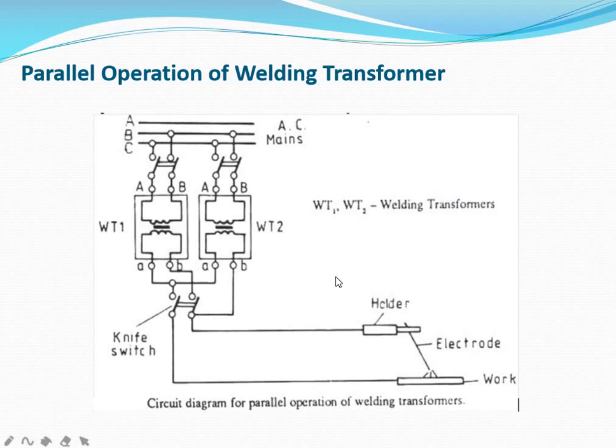Other than this, the multi-operator welding transformers are also there. They are also called multi-arc welding transformers. The multi-arc or multi-operator welding transformer system utilizes a high current constant voltage power source for providing a number of welding circuits at the same time, and it is used when there is a large concentration of welding points in a relatively small operating area.